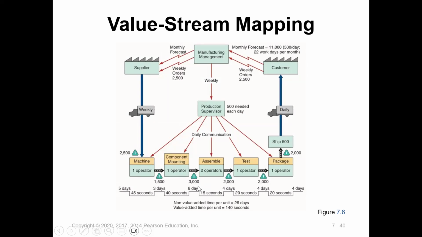This is how the value stream map looks. You see here, there is a waiting time, 5 days here. And then this is a process time for the machine, 45 seconds. You wait 5 days to be processed for 45 seconds.